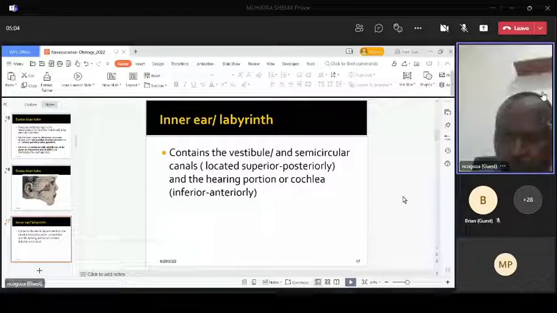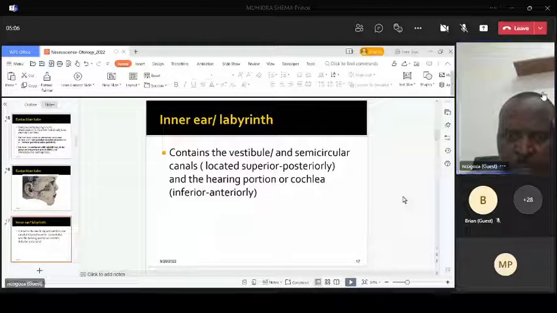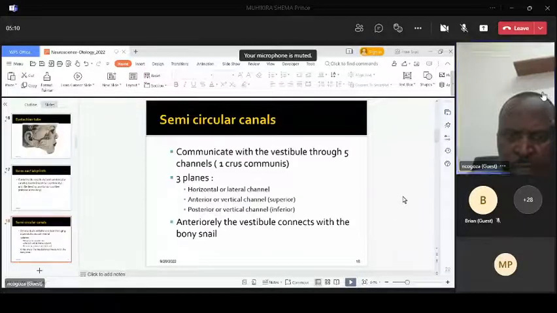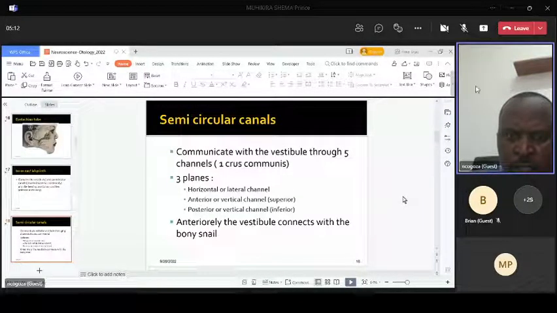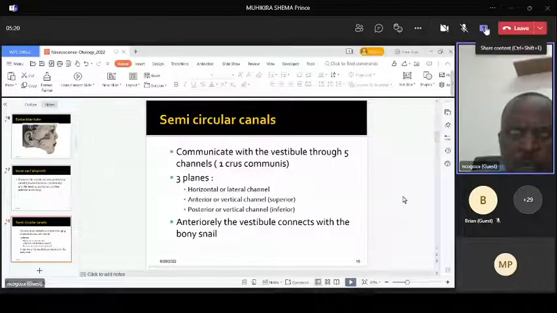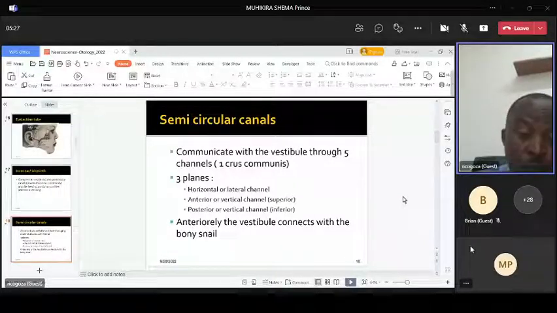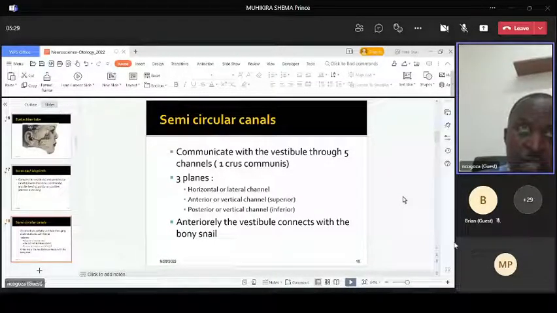And what we can see is that the vestibular system is made of the vestibule and the semicircular canals. The vestibular system is made of two parts: one is the vestibule, the other one is the semicircular canals.